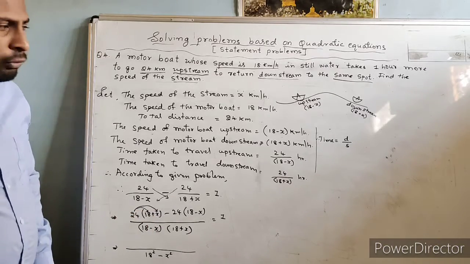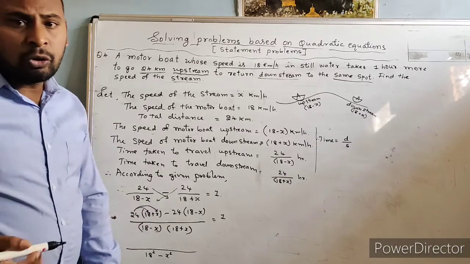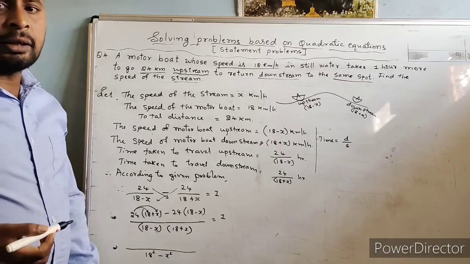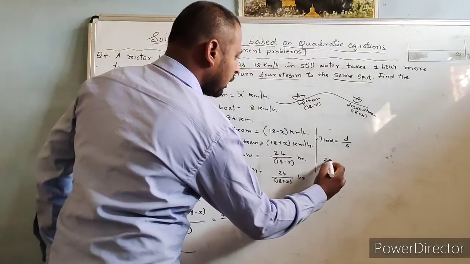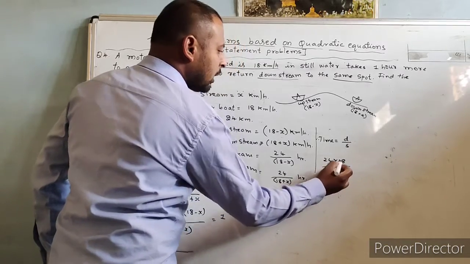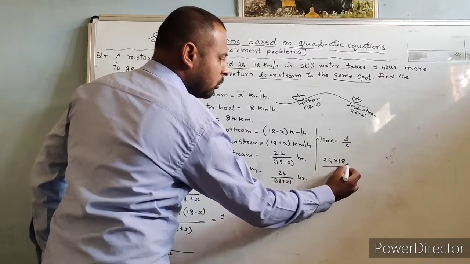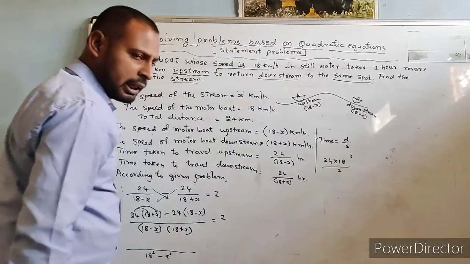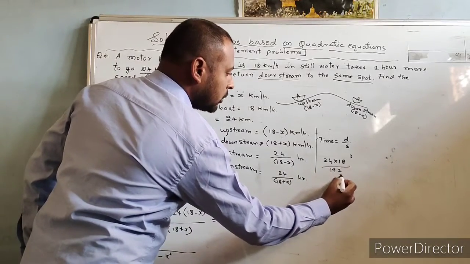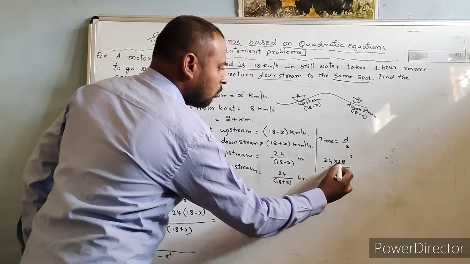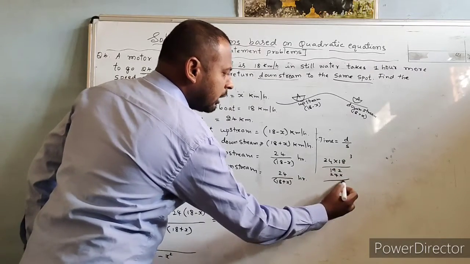Now multiply 24 into 18. 8 4s are 32, carry 3, 8 2s are 16, 16 plus 3 is 19. Now 1 4 is 4, 1 2 is 2.